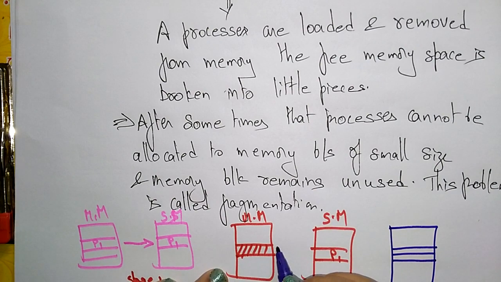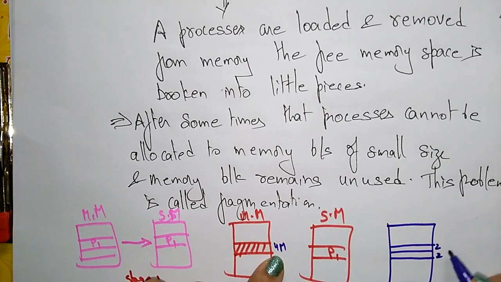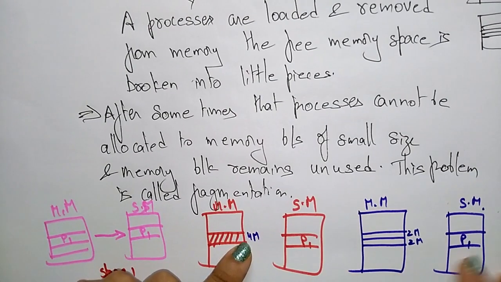Suppose this is 4 MB. This 4 will be divided into 2 and 2, 2 megabytes and 2 megabytes. Here P1 is in the secondary memory. Suppose after some time this process wants to come back to main memory. This is the swapping technique.